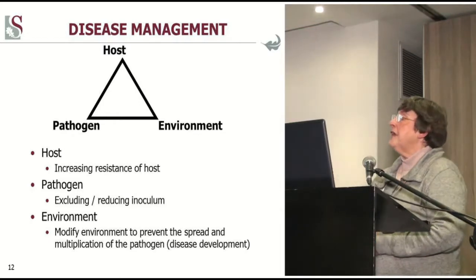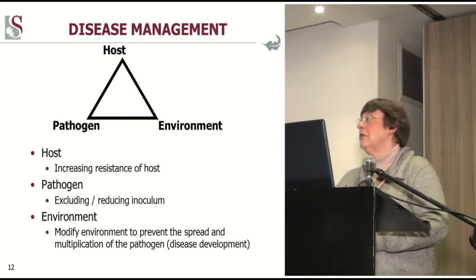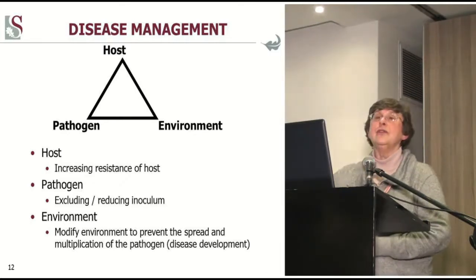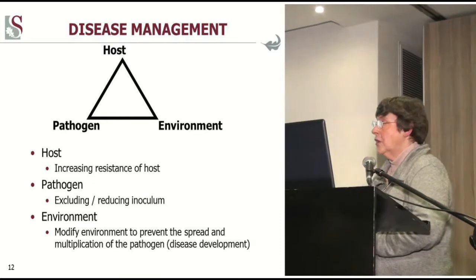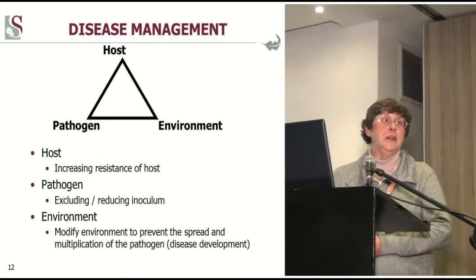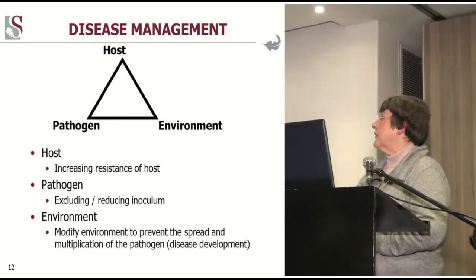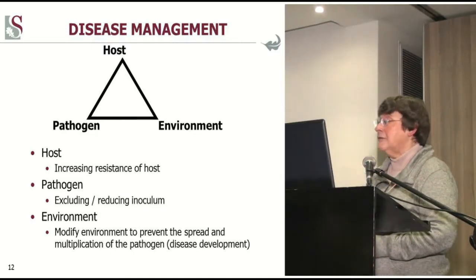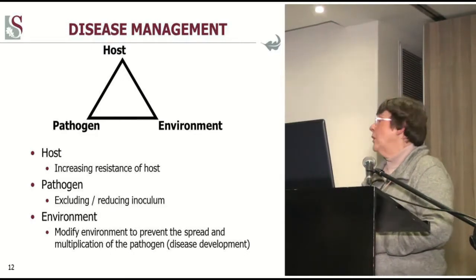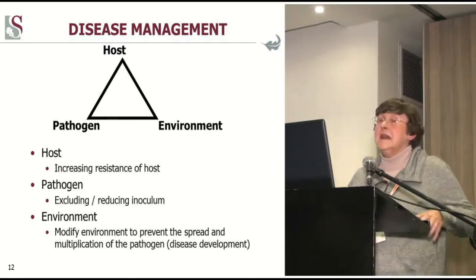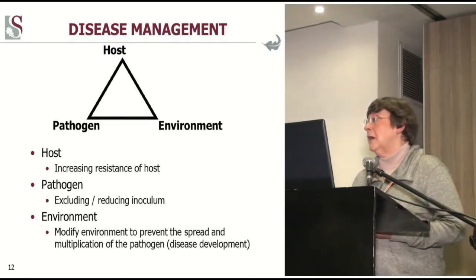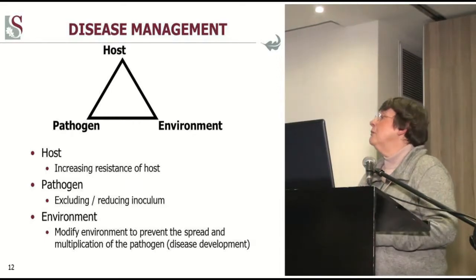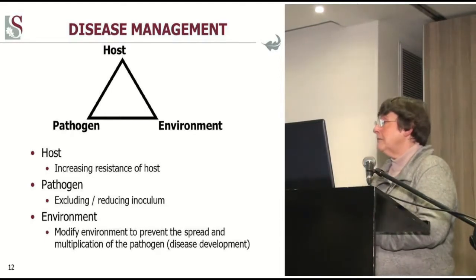If there is already inoculum present, how do we reduce that initial inoculum? We can have strategies like sanitation, where we go in and remove infected material. We can collect leaves that are infected, grind them up, and remove that inoculum from the system.